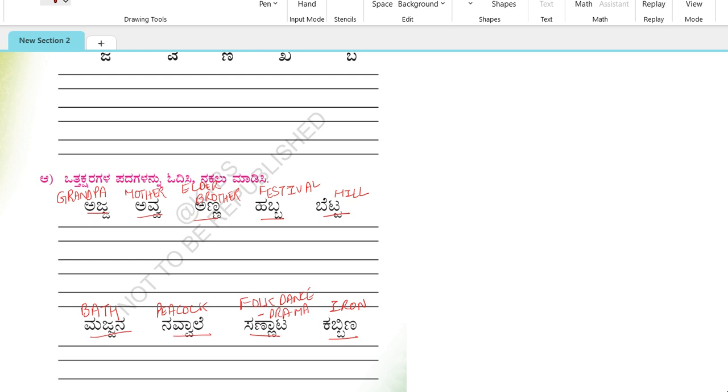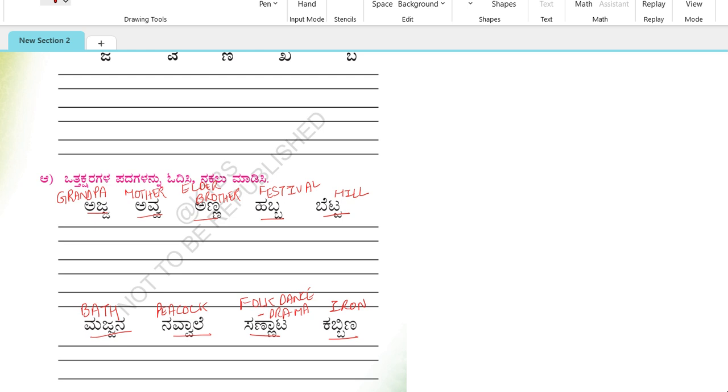Habba is festival. Betta, hill. Majjana, majjana is bath. Navvale, peacock. Sannata, it's a folk dance or drama. A mini version of Yakshagana is called Sannata.